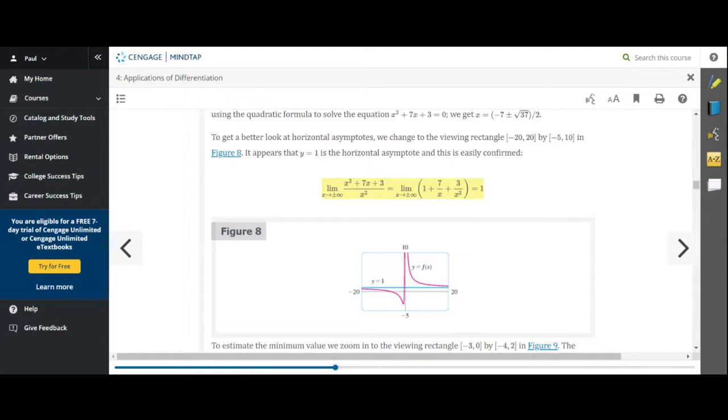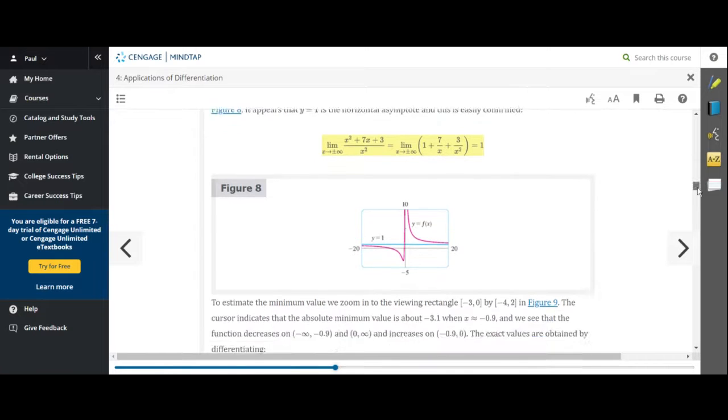You did that in pre-calculus, right? A horizontal asymptote is if the limit of the function as x goes to positive infinity or negative infinity approaches a number, you have a horizontal asymptote, and it's clear y equals 1 is the horizontal asymptote.